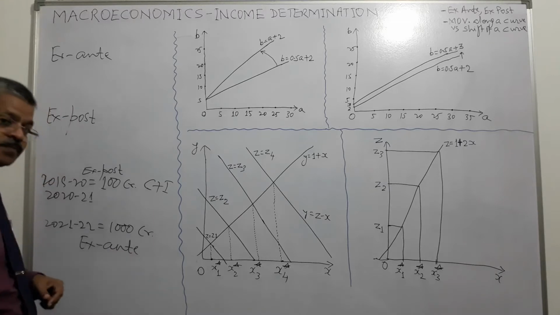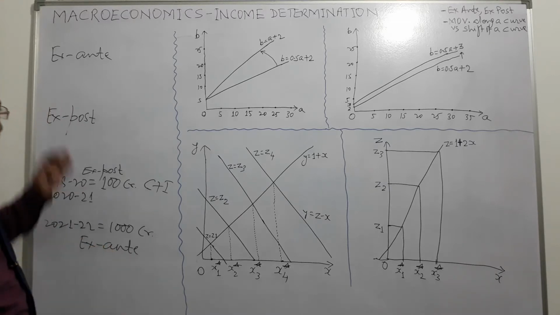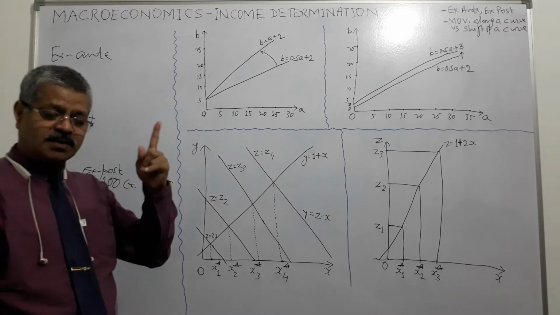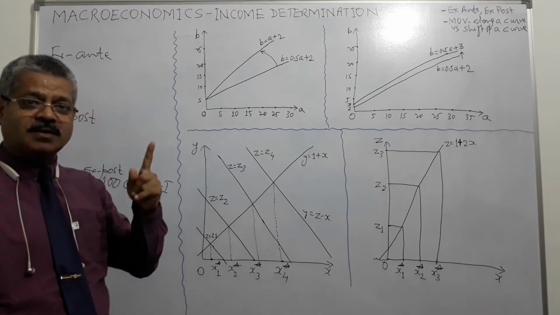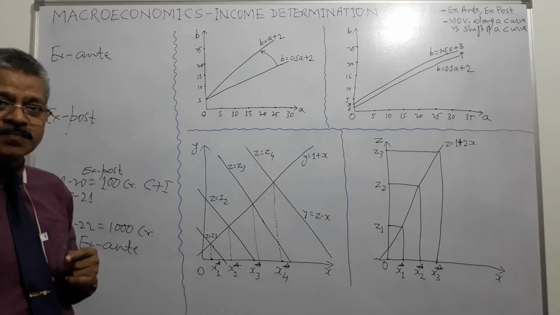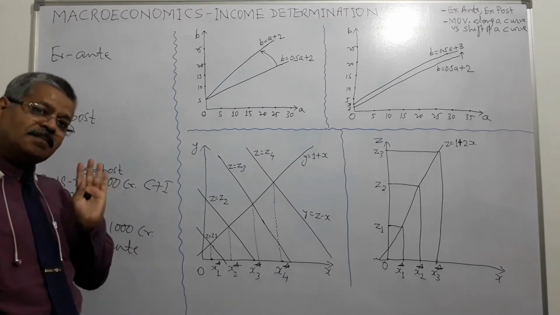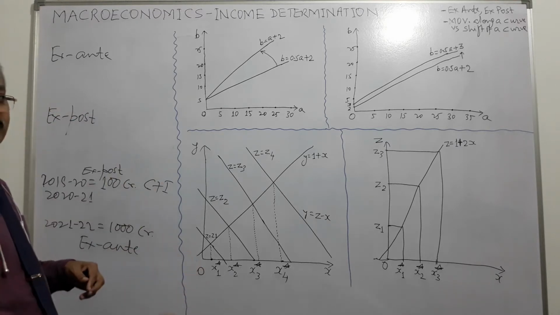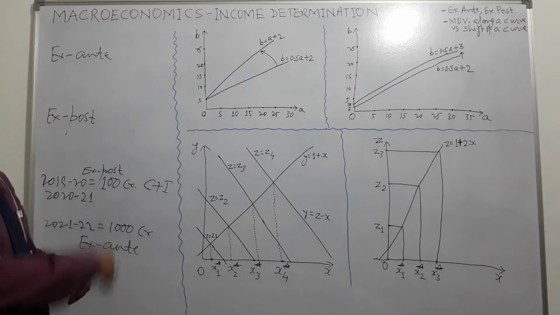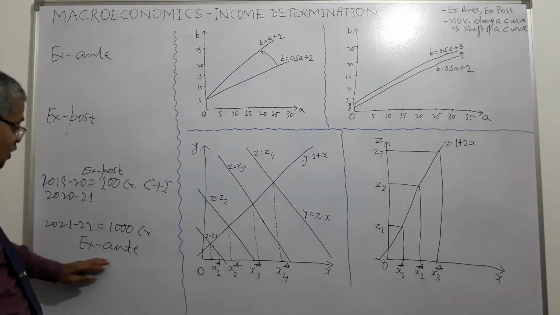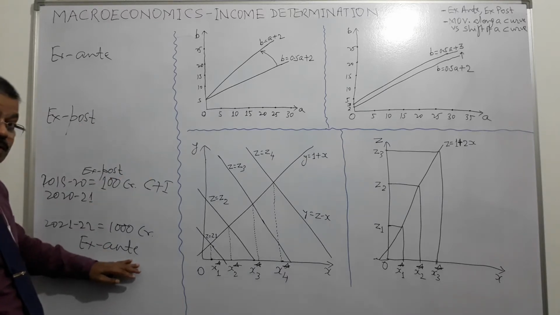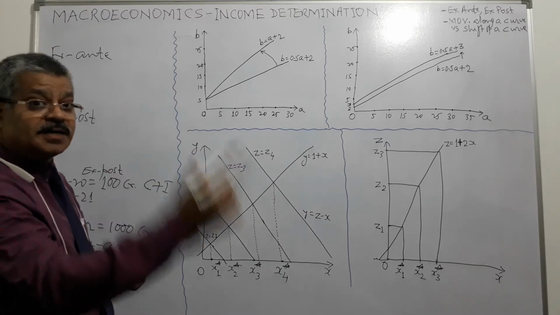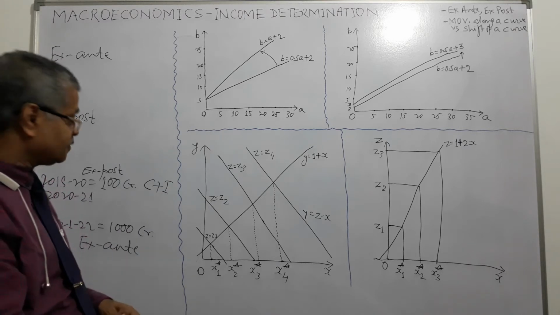Ante means before, post means after. When we talk about what the consumption and investment was last year, that is called ex post. It has already passed. When we talk about what they plan to invest next year, that is called ex ante, before. They are planning before the time when they will actually be investing.